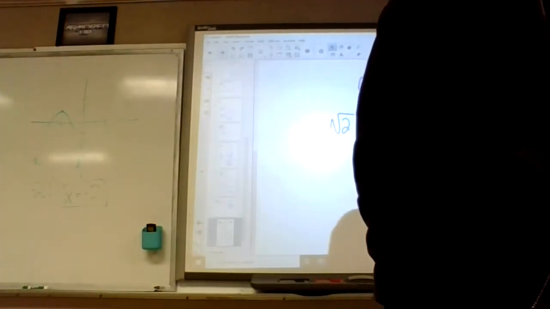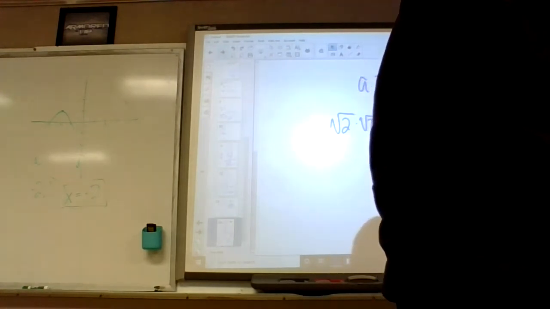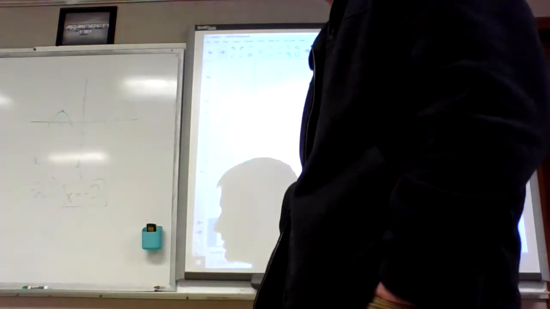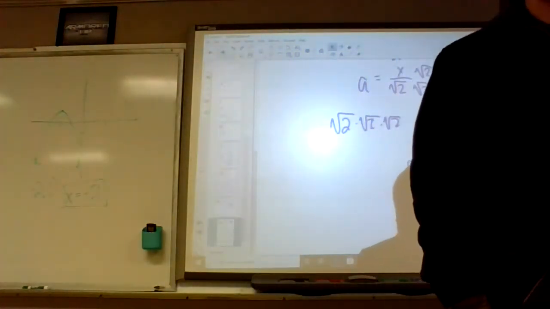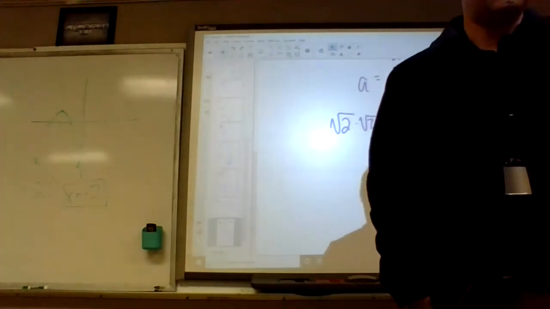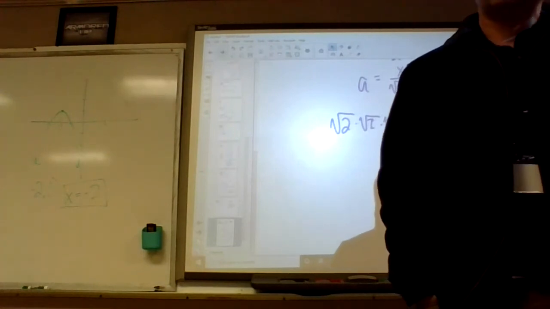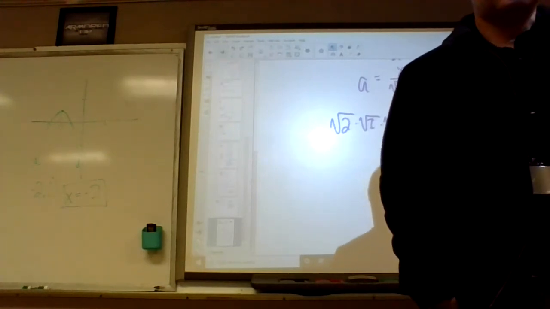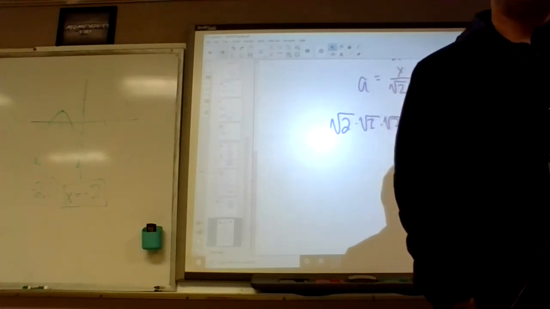Okay, 17. How many grams of mercury must be poured into a rectangular container with dimensions 12, 18, and 10 in order to fill it? The density of mercury is 13.6 grams per cubic centimeter. So that one's not nearly as hard. Does anybody have an idea of how we could do it? You could figure out the volume of the box first.